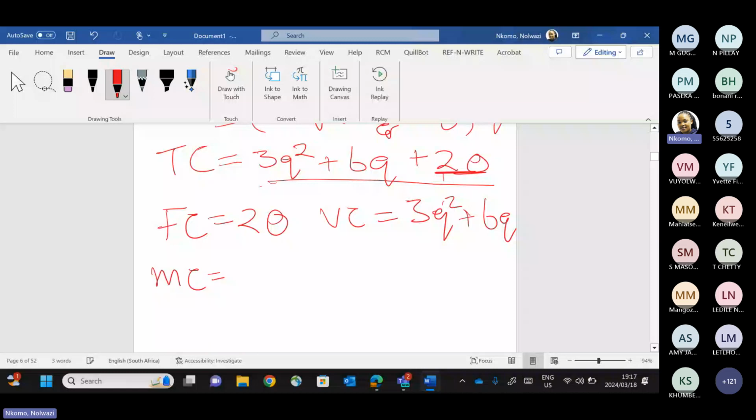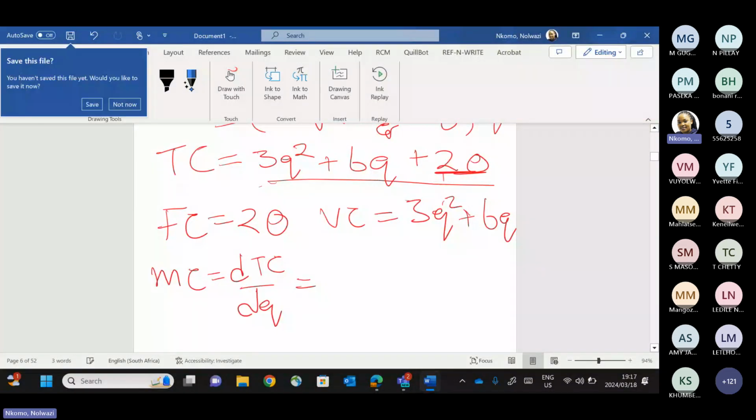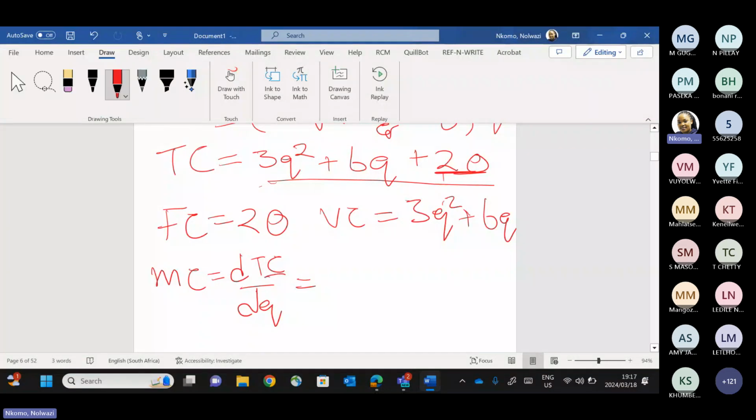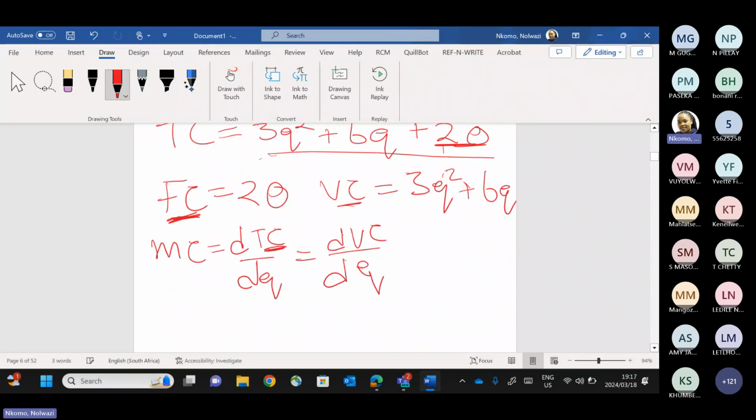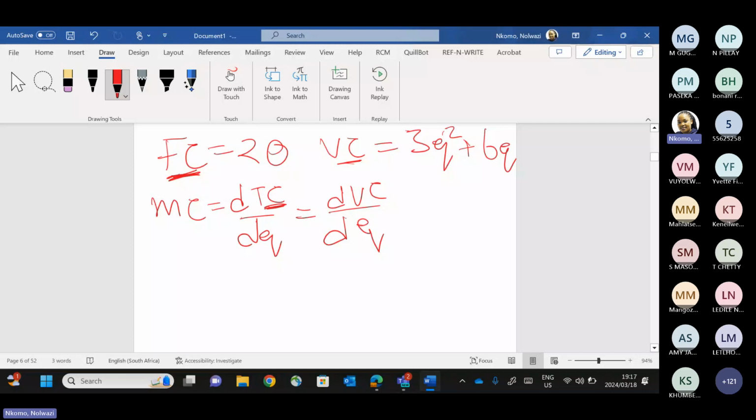But since the total cost consists of the fixed cost and the variable cost, and the derivative of a fixed cost is 0, this means the marginal cost is the derivative of the variable cost. So the marginal cost is d of the variable cost over dQ, and if we take this, you will have 6Q plus 6, right?